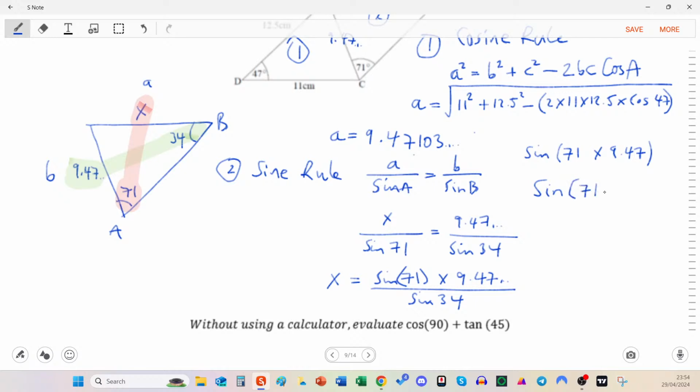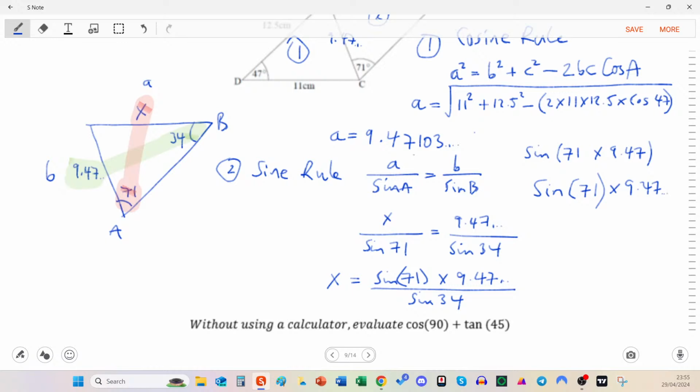And if you don't close that bracket, then what you're going to do is sine of a really big number. It's going to be sine of, I don't know, like 630. Well, you're really looking for sine 71, then times 9.47, etc.